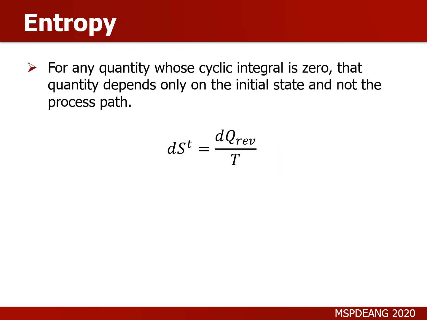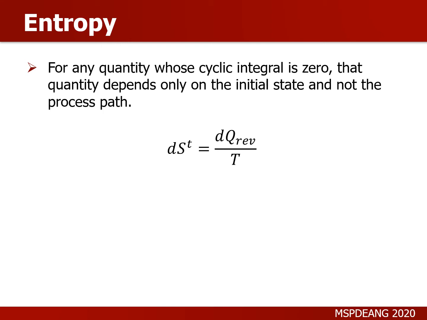Now, how do we evaluate delta S or dS? For any quantity whose cyclic integral is 0, as shown by our previous derivation for dQ over T, that quantity's change is dependent only on the initial and final state and not the path taken by your process. So the cyclic integral of dQ over T is equal to 0.